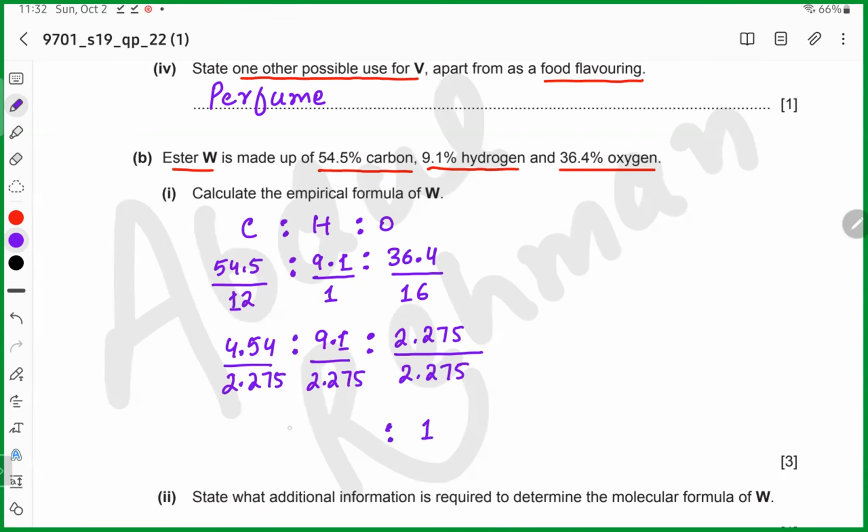Here I will get 1, here I think I will get 2, and here I will get 4. Can anybody confirm this? Yes sir, correct. Okay, so it means the empirical formula must be C2H4O2, right?